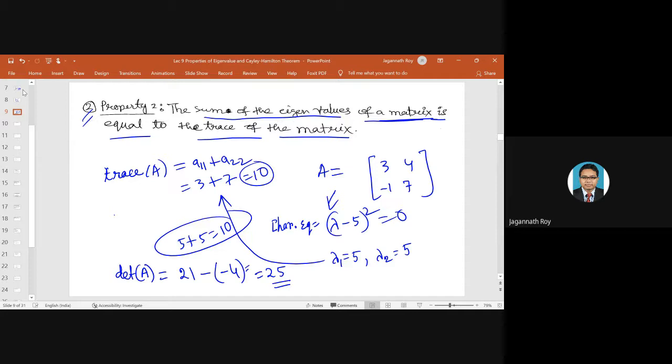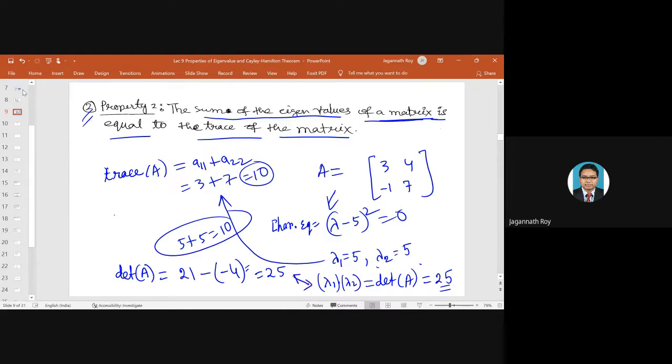Now there is another theorem that the product of lambda 1 times lambda 2 is equal to the determinant of A. Here it is 25. So 5 times 5 is 25. This is another result.